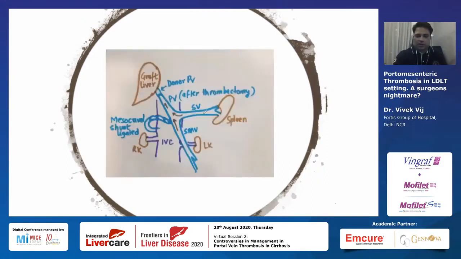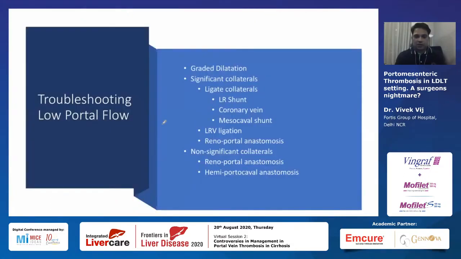So what we did was we created a complete tunnel under the pancreas, pulled the portal vein down into the supracolic and infrapancreatic compartment, did eversion thrombectomy, then put it again into the tunnel to create a good flow, and also ligated the mesocaval shunt, and that created a very good flow.